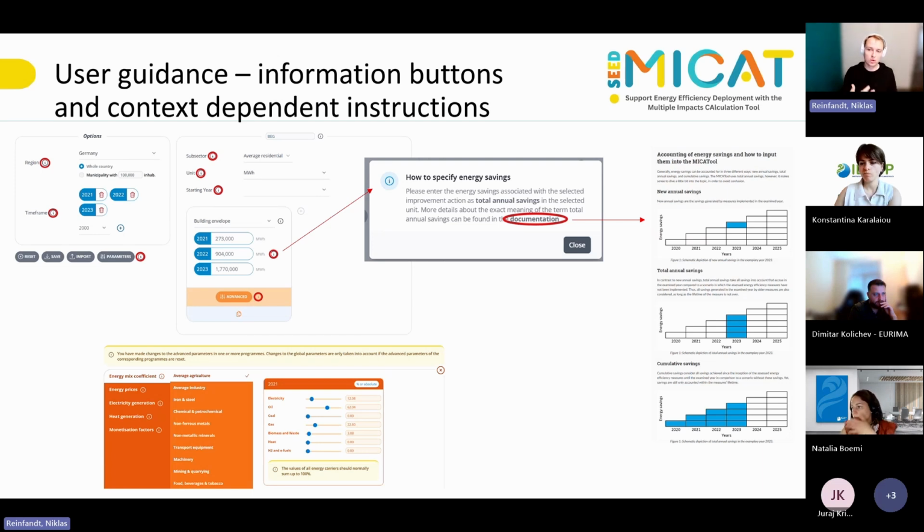And then if you are unsure of what this metric of total annual savings means, then you can go even further into the documentation, and then we explain to you, okay, what are new annual savings, total annual savings, and cumulative savings, and which is the one you need in the tool. So then you are set up to prepare your data accordingly and to have all the information directly in the tool without the need to go to some other sources and so on.